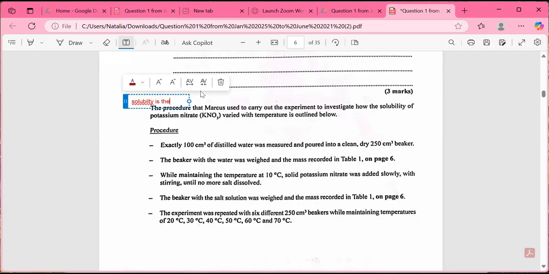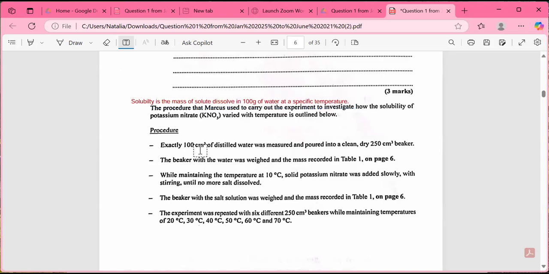Solubility is the mass of solute dissolved in 100 grams of water at a specific temperature. I don't know if they want that, but let me just ask.